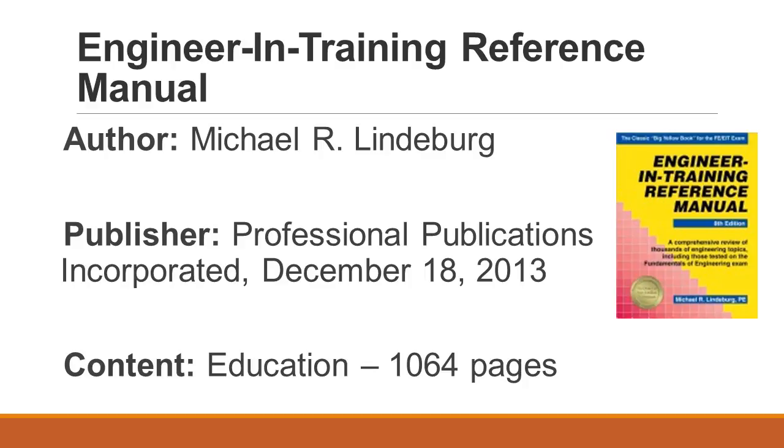Engineer in Training Reference Manual by Michael R. Lindenberg. This reference manual is standard information about engineering written for engineers or engineers to be. I used it for some of the information about dynamics that is presented in my lessons.